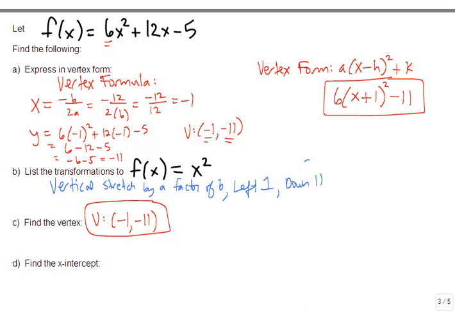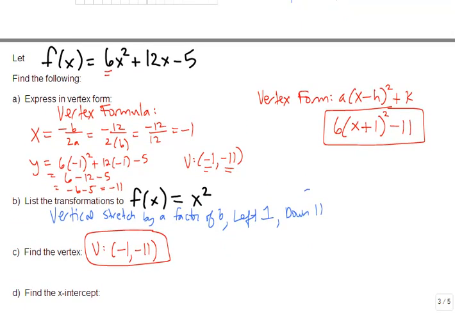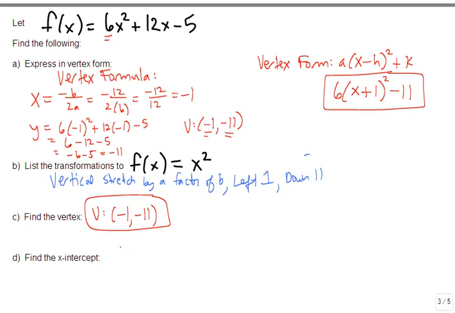Okay, we already got our vertex. Let's find our x-intercepts. And again, your option would be to set this to 0, try to factor it, or try quadratic formula, or since we already did all the work here, we can just set our vertex form equal to 0. And usually that's a little quicker to solve.